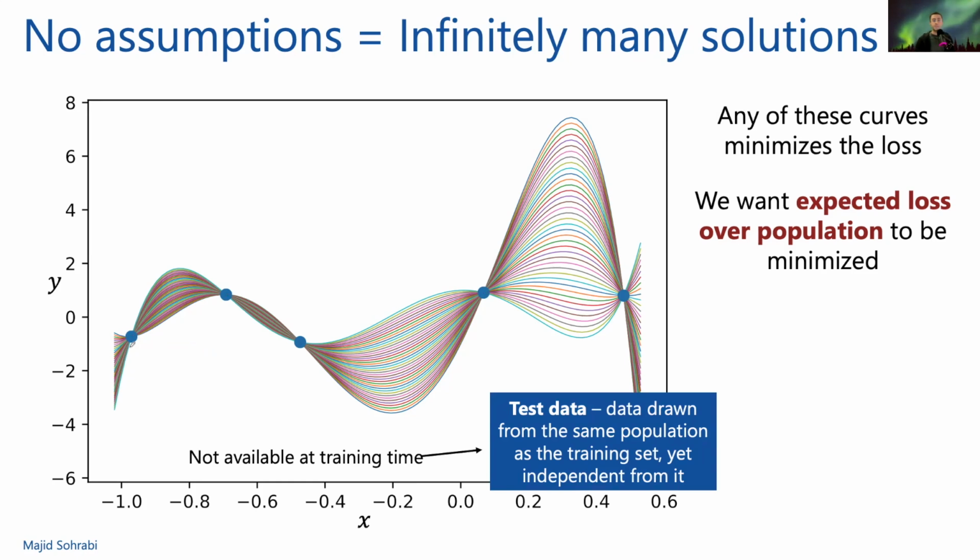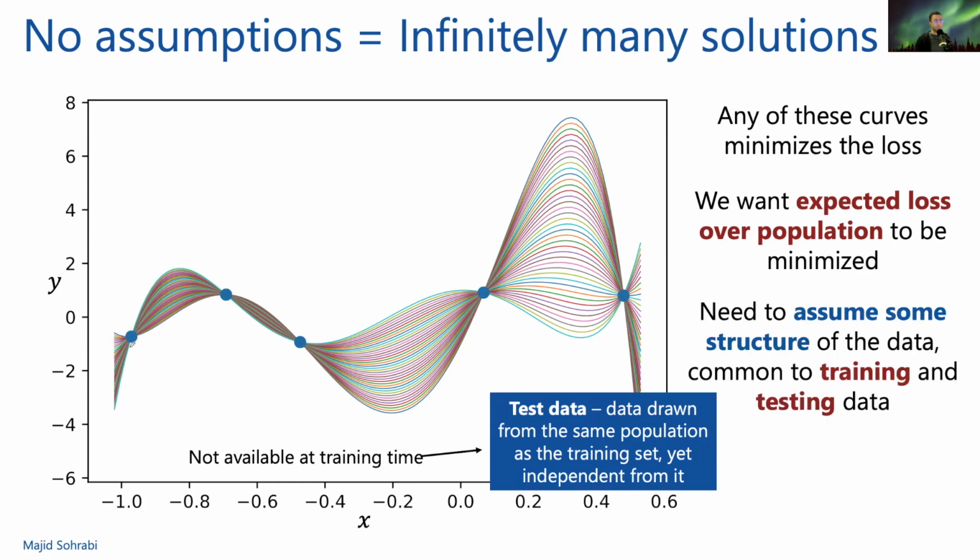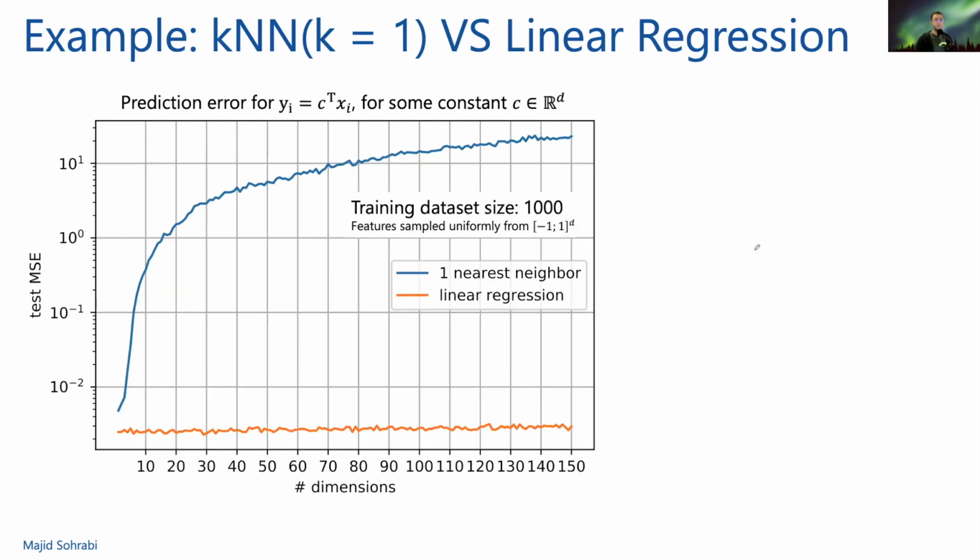The test data is not used for training the model, but rather to evaluate the model and estimate its expected error, to see how well the model performs on my task. So basically, the task is to assume some structure in the data set which is common between the training data and the test data.